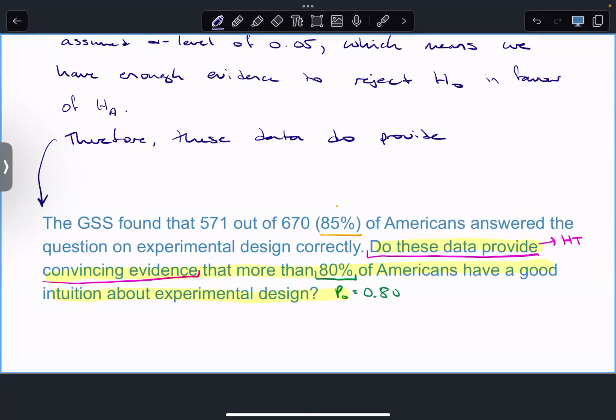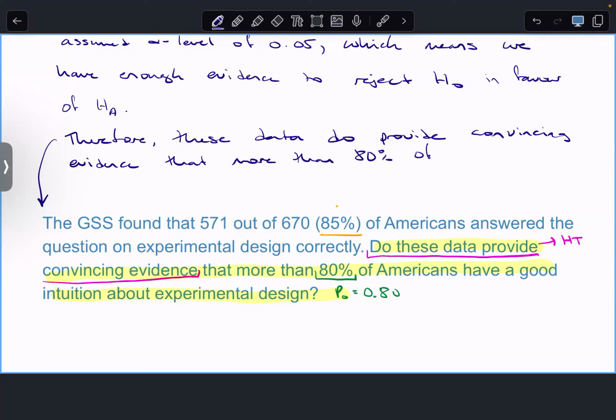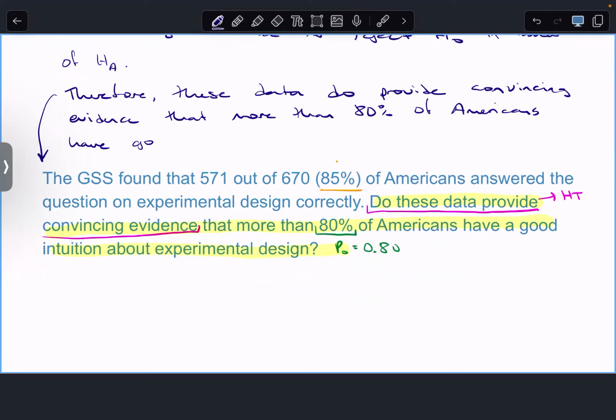Therefore, these data do provide convincing evidence that more than 80% of Americans have good intuition about experimental design.